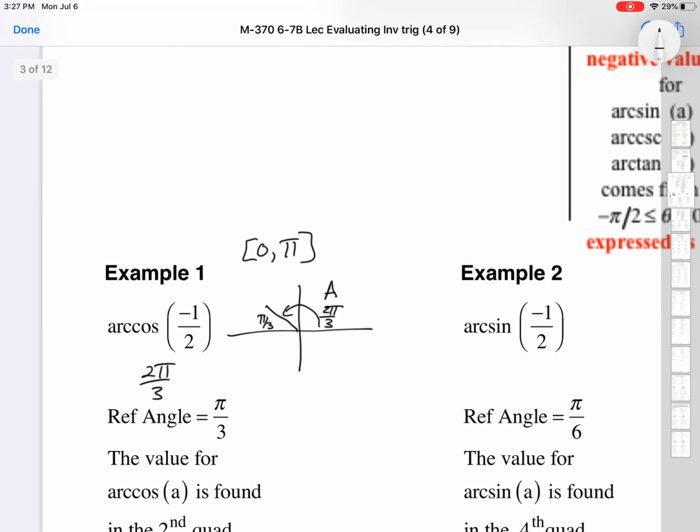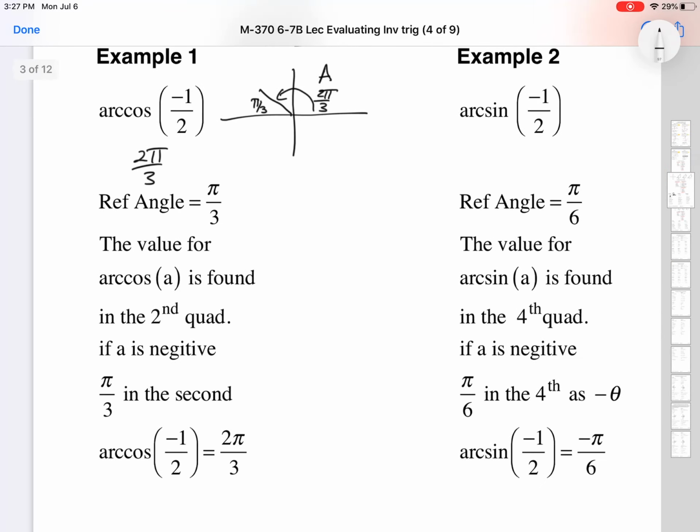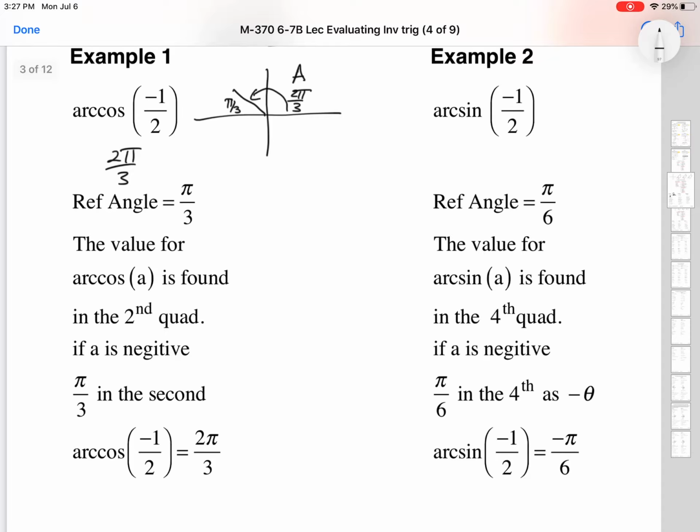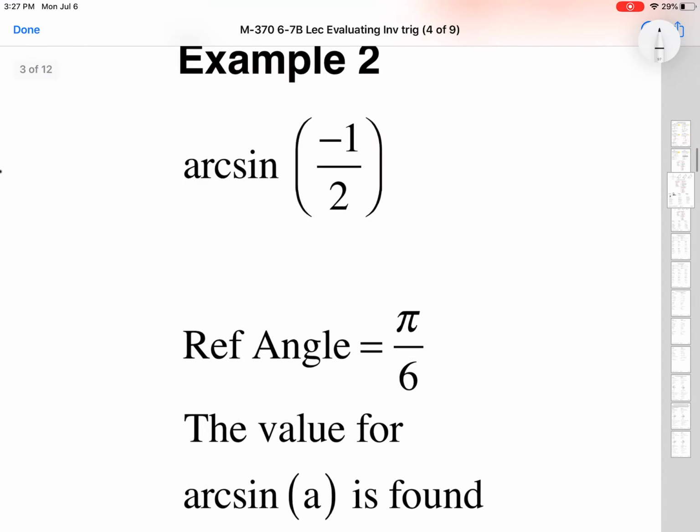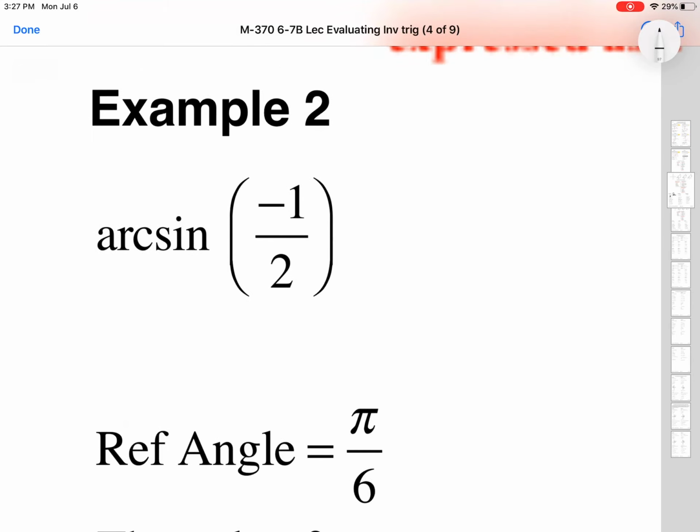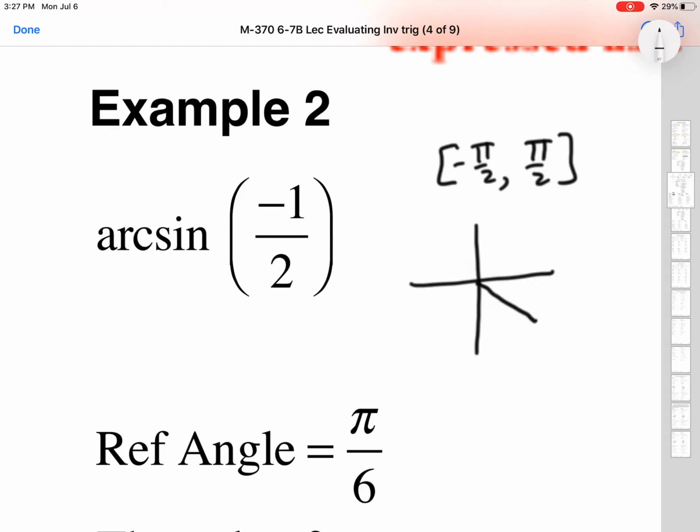Sorry about bringing that up. But let's watch him find 2 pi over 3 in that exact same way. Arcsine of -1/2. What do you know? You know the output is between minus pi over 2 and pi over 2, because you memorized it. Where are we? Well, we're definitely not in the first quadrant, so we must be down here. You know that it has a pi over 6 reference angle by memorization.